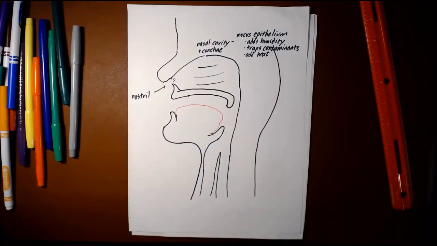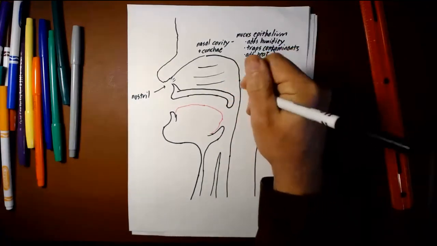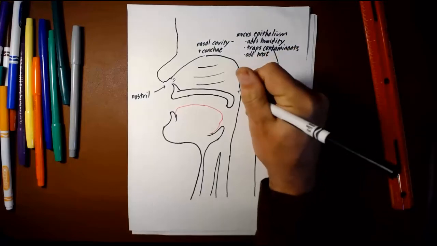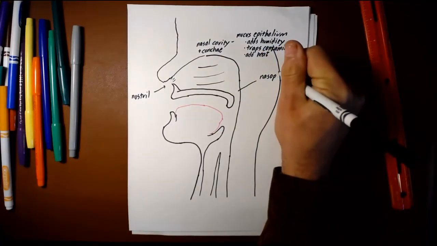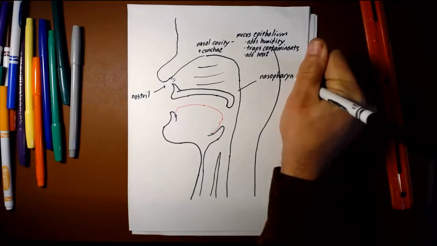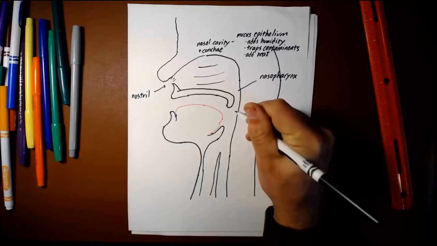Okay, now back here at the back of the nose, we have an area called the nasopharynx, which comes down into this area called the oropharynx.